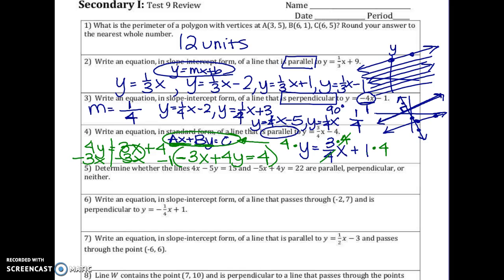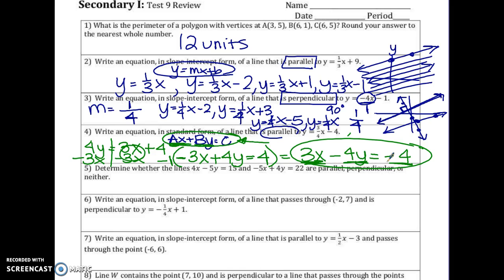So if we do that, we'd end up with a positive 3x, a negative 4y, and a negative 4. And that is a positive a number there. So we got ax by equals c. And that's what we want for standard form.